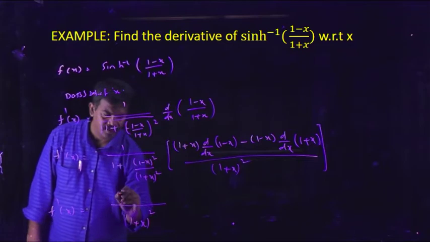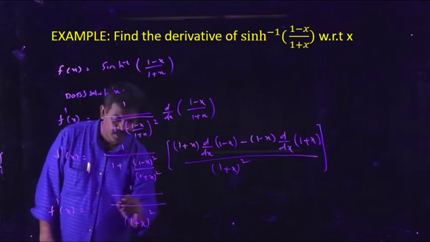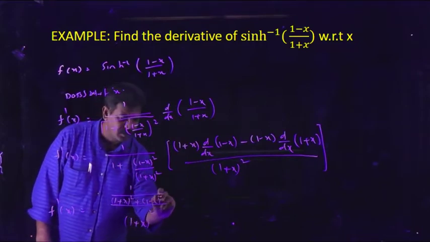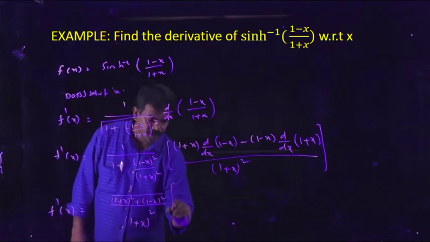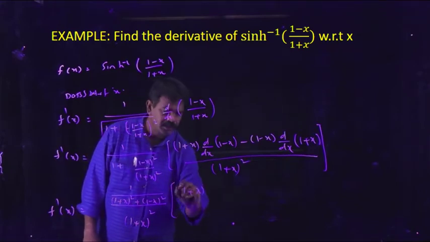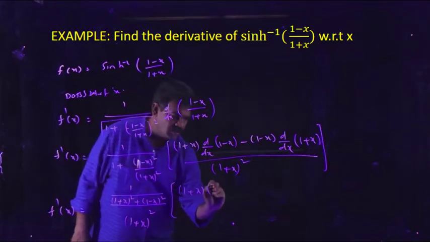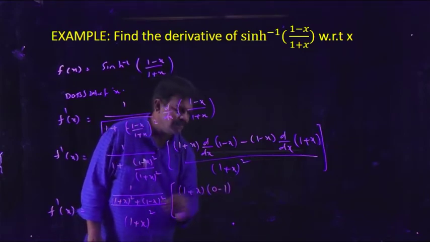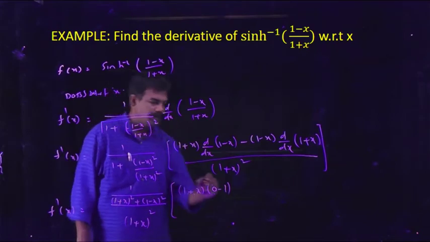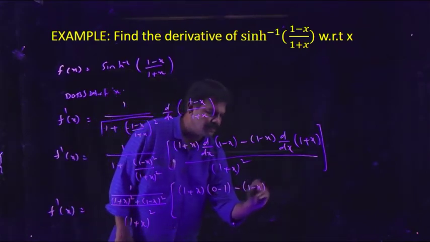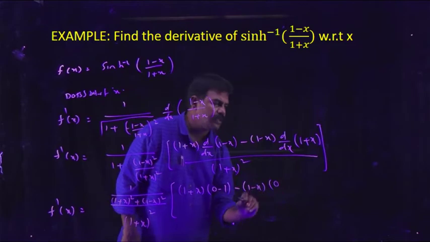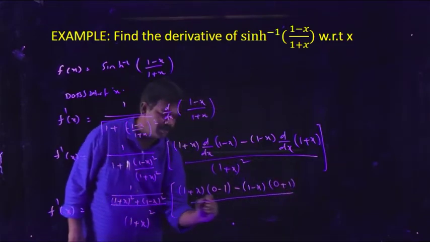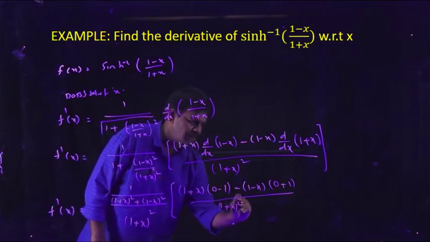We get 1 by root of ((1 plus x) whole square plus (1 minus x) whole square) by (1 plus x) whole square, into (1 plus x) into derivative of 1 is 0 minus derivative of minus x, that is minus 1, minus (1 minus x) into derivative of 1 is 0 plus derivative of x is 1, by (1 plus x) whole square.